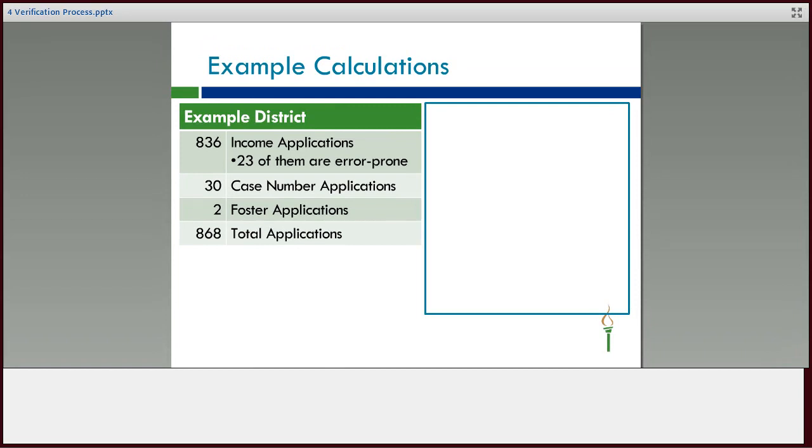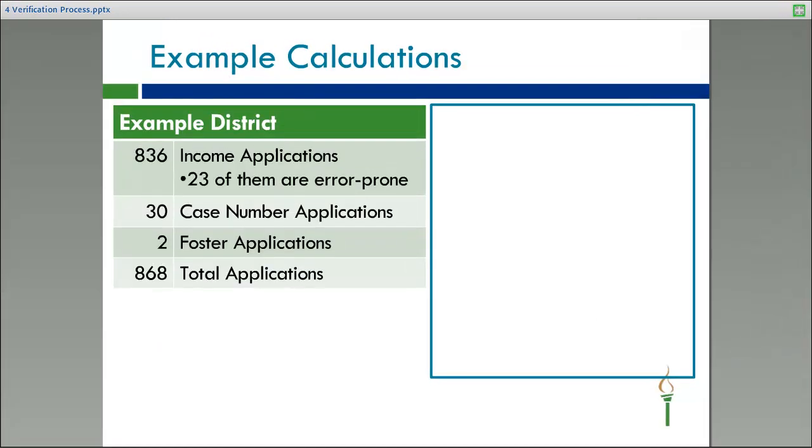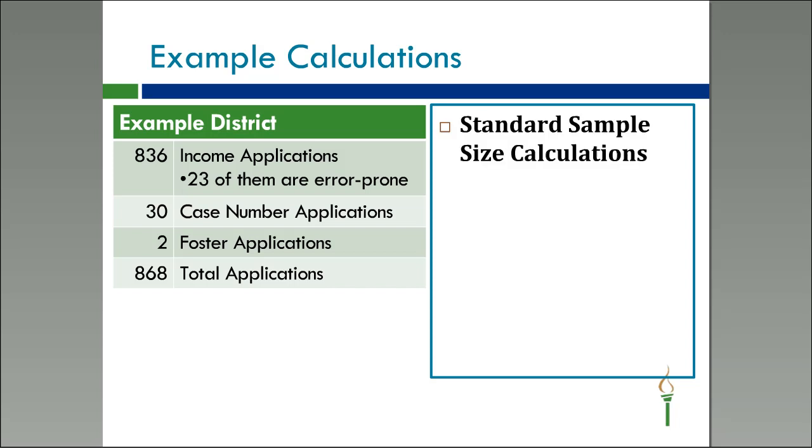So this is an example district, and we'll go through an example of how to calculate each sample method. So we'll start with the standard sample size calculations. First, you'll calculate 3% of total applications. So in this example, we had 836 income applications. 23 of them are error-prone.